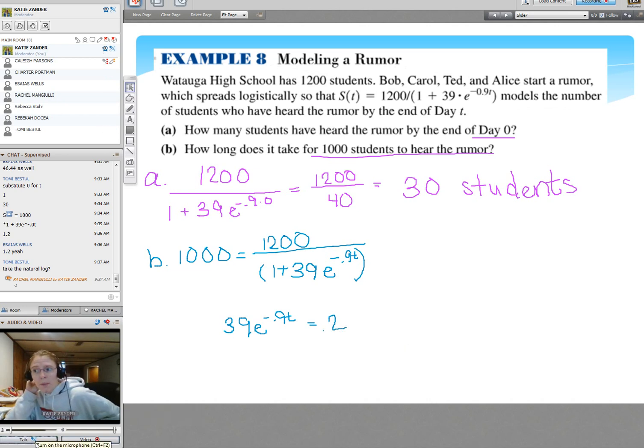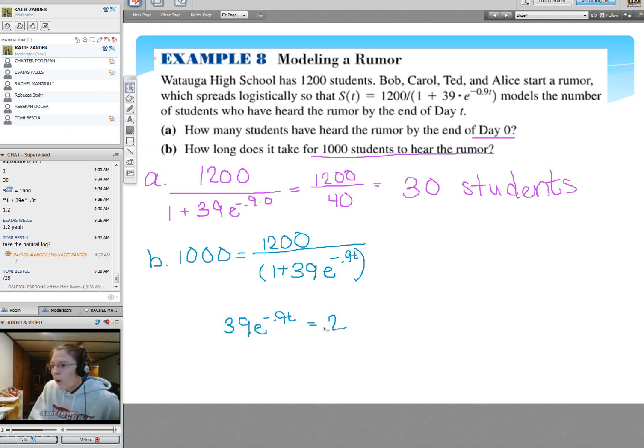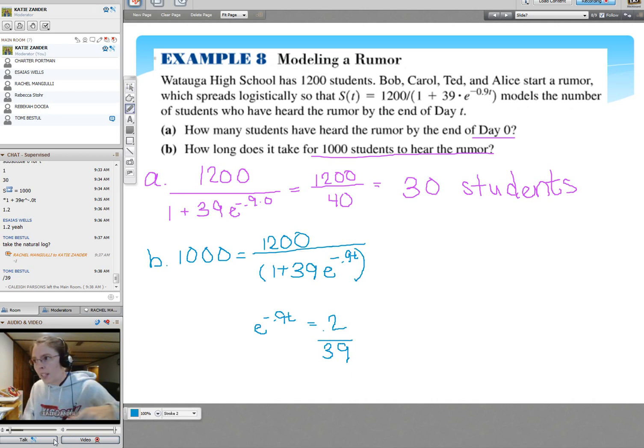There's one more step you have to do before you can take natural log to get rid of the e. You must divide by the 39. All right, what is 0.2 divided by 39? That's going to be a decimal of some sort.